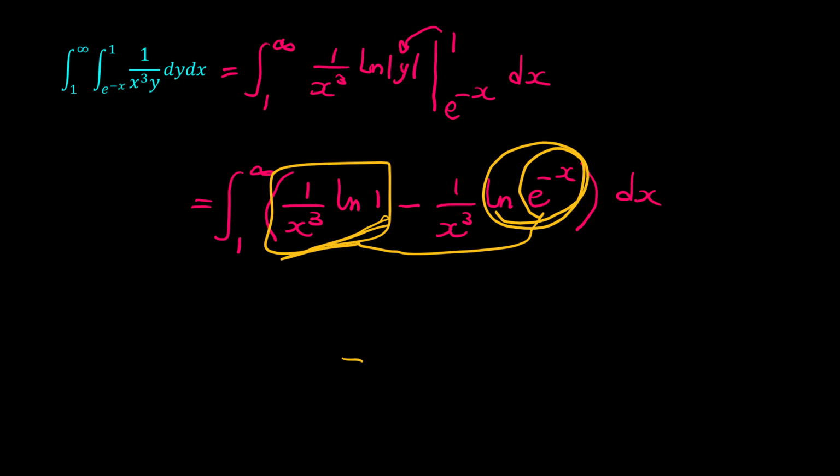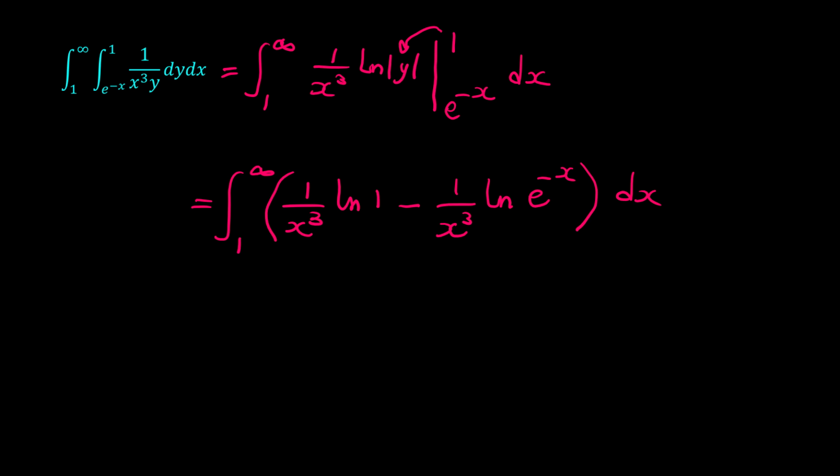In general, it's good to know that ln of e to the power of any function equals that function. And so ln of e to the negative x is negative x. So this part is 0.